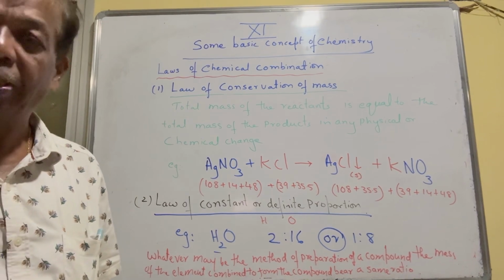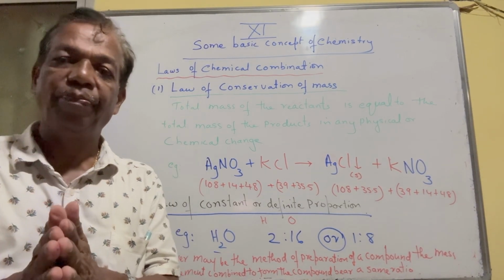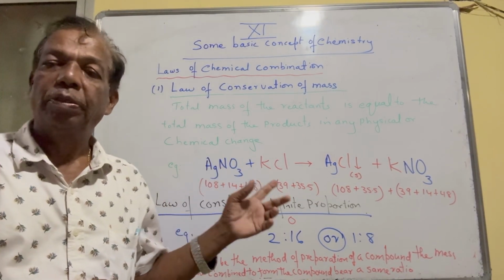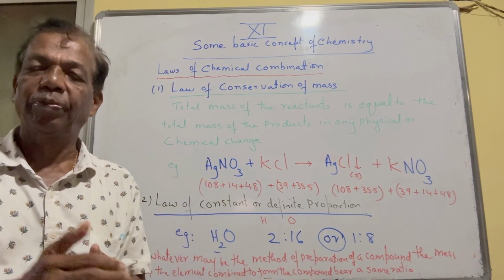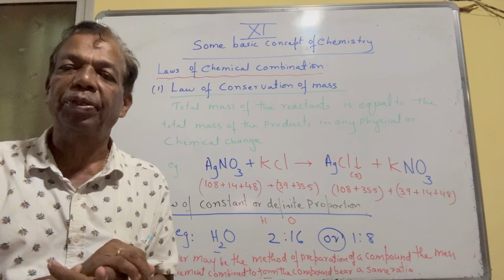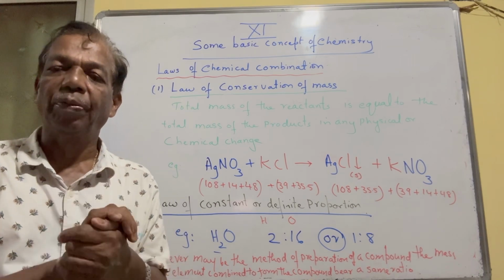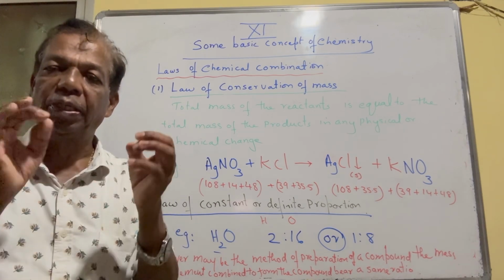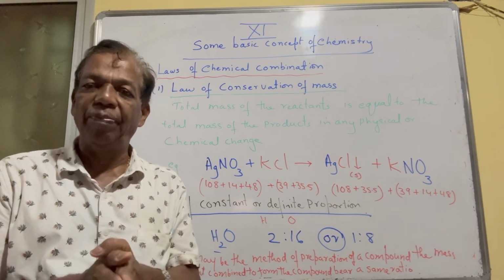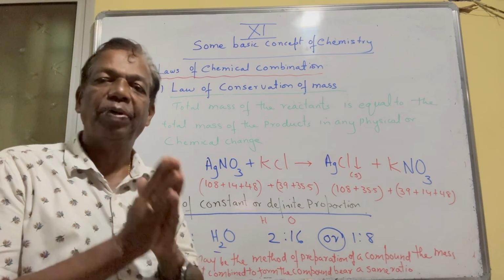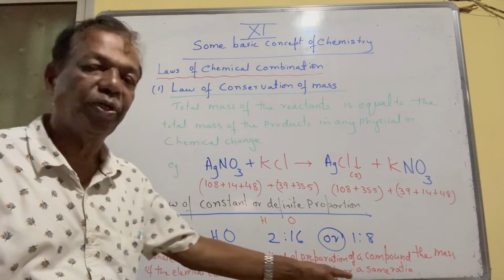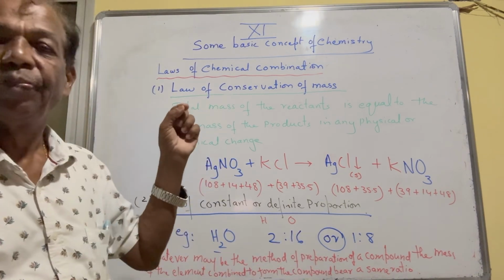Again I'll repeat. Suppose you have prepared a chemical compound by different methods. Whatever may be the method of preparation of a pure chemical compound, the compound contains the same elements combined together in the same proportion by mass, which I have explained here.